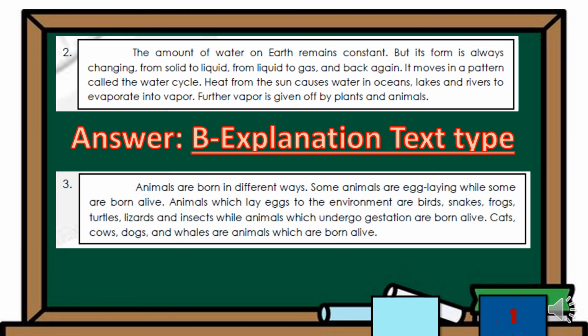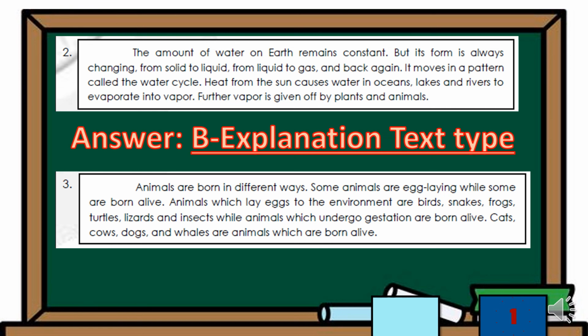Okay, so for number three, animals are born in different ways. Some animals are egg laying while some are born alive. Animals which lay eggs to the environment are birds, snakes, frogs, turtles, lizards, and insects, while animals which undergo gestation are born alive.